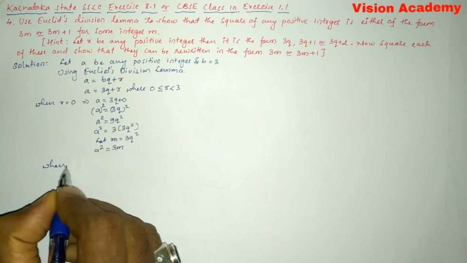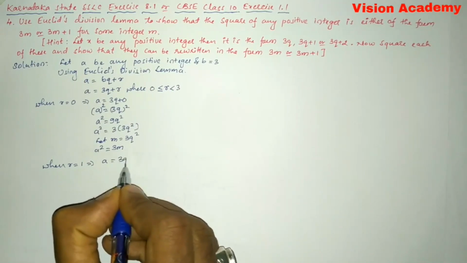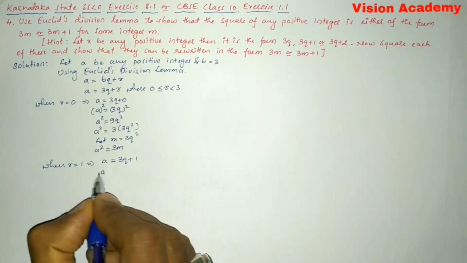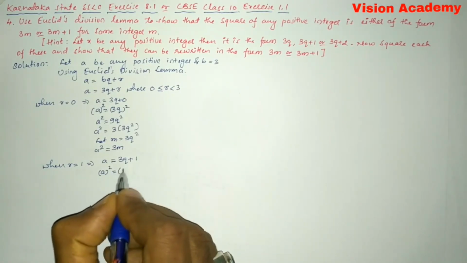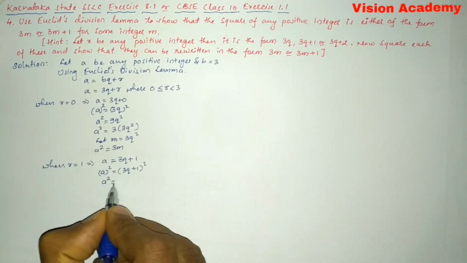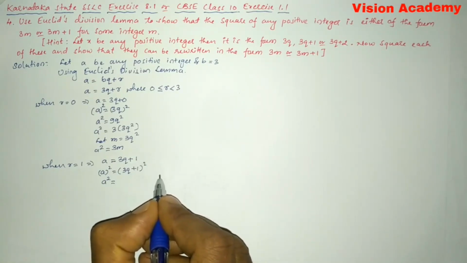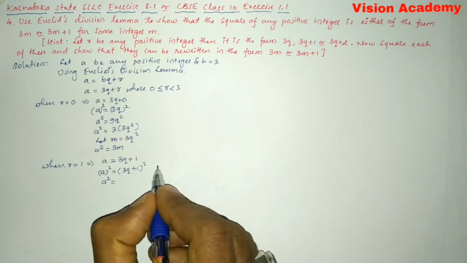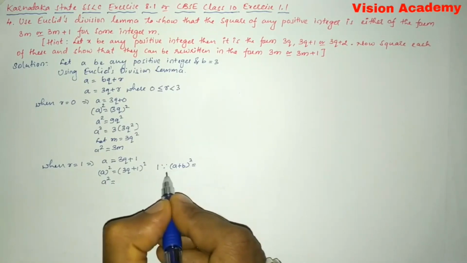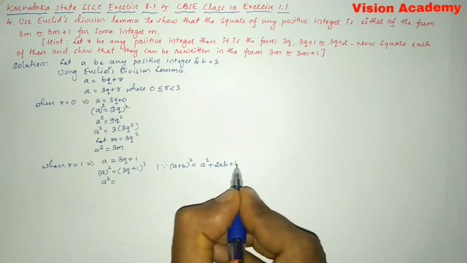When r is equal to 1, this gives us a is equal to 3q plus 1. Now let us square on both sides. So a square is equal to 3q plus 1 whole square. This is in the form of a plus b whole square, which can be expanded as a square plus 2ab plus b square.